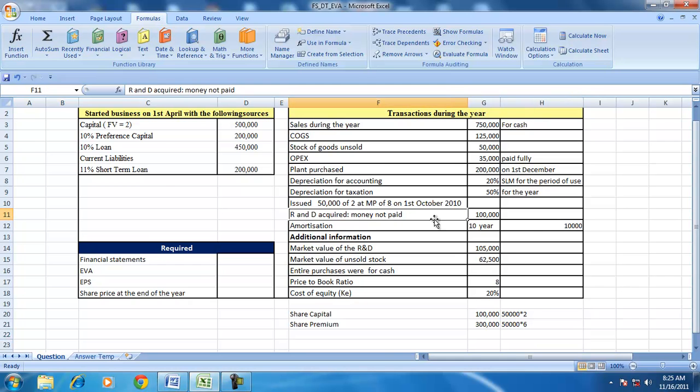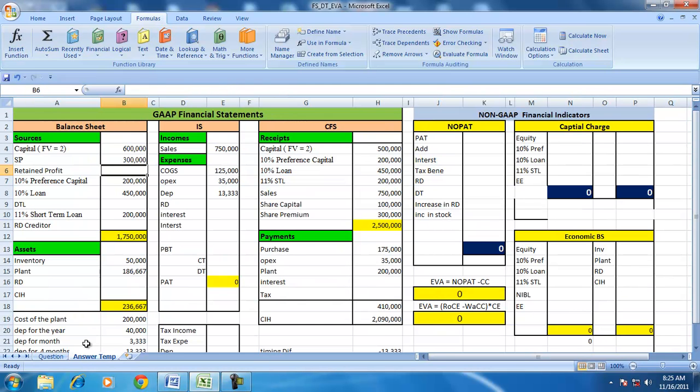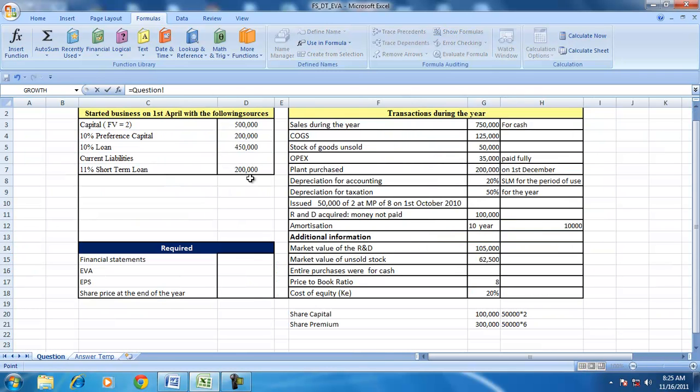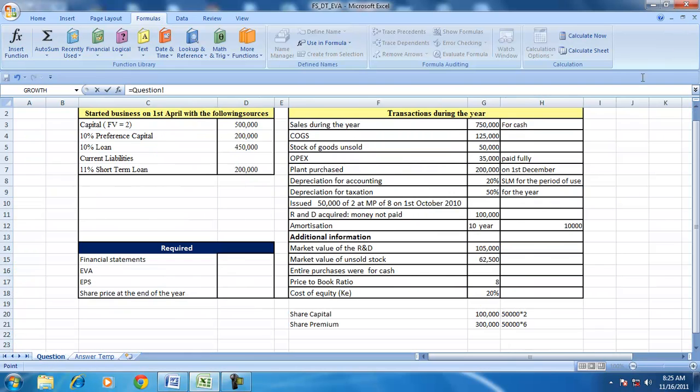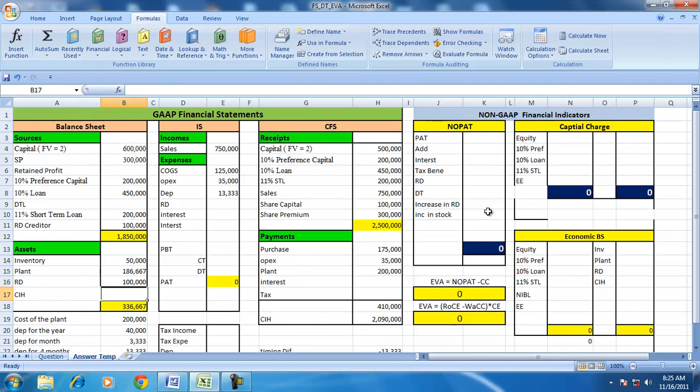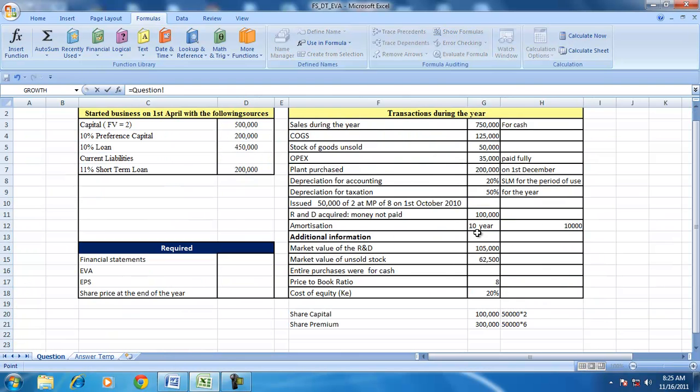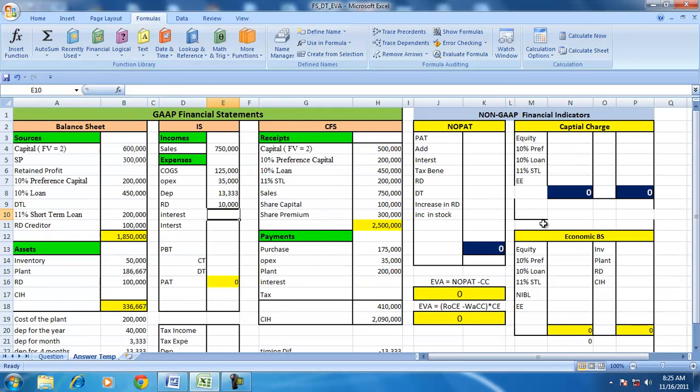R&D acquired but amount not paid, so you have a creditor sitting on the balance sheet for R&D, and to that extent there will be R&D appearing on the balance sheet as an asset. However, R&D is amortized over a period of 10 years, and let us assume it is for the entire year.